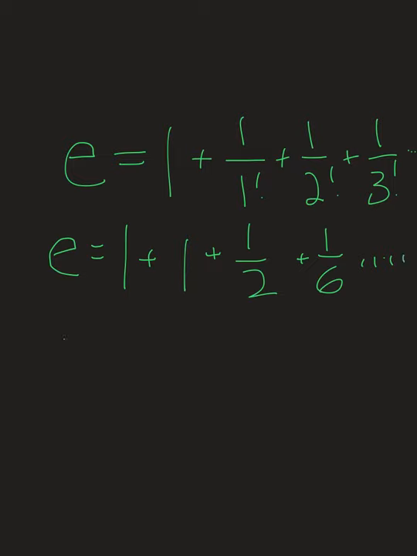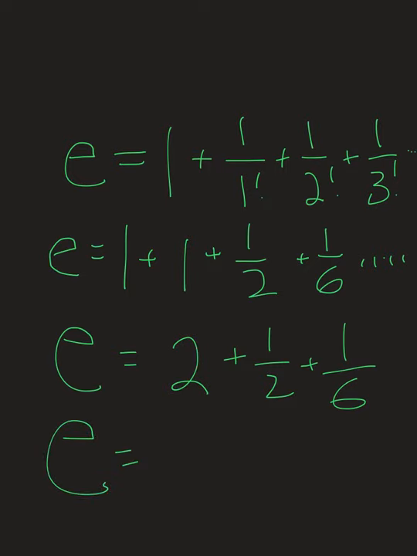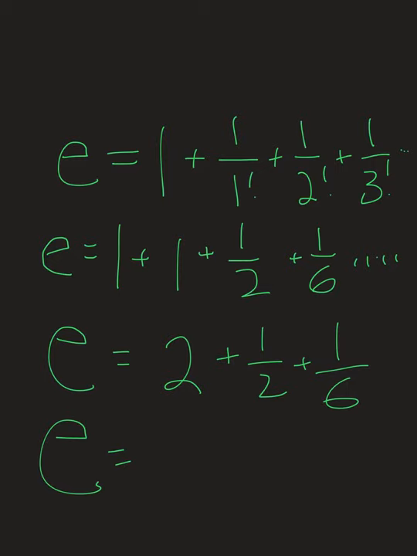Well, what have I got so far? 2 plus 1/2 plus 1/6, which should be 2.66, I believe. So let me throw that number down. 2.66 is where I ended up.